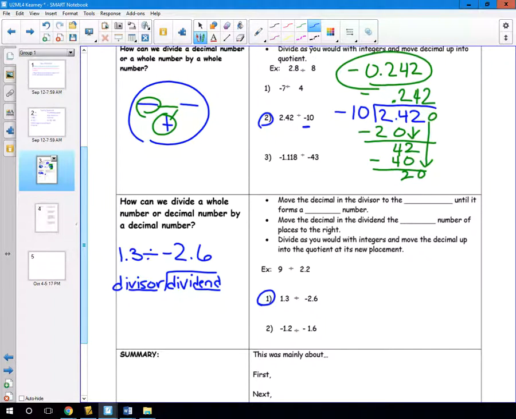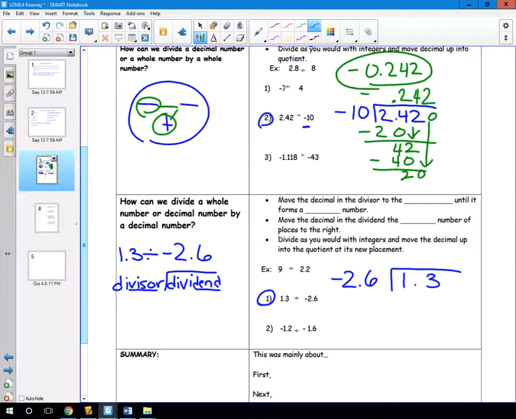Okay? So, which number is going to go in the house? That's right, it's 1.3. So let's go ahead and do that. And the number that's going to go outside? Negative 2.6. Okay? Let's look at our first step.